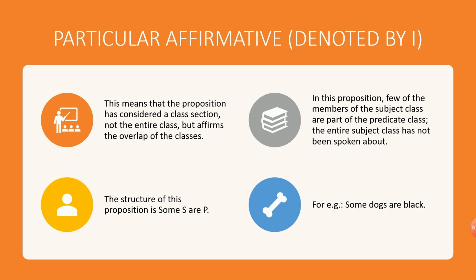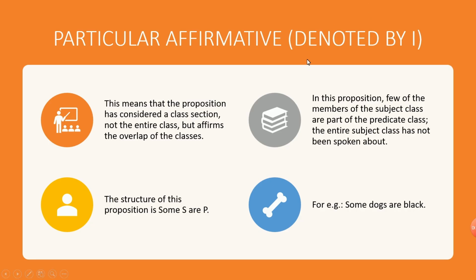Next is particular affirmative. This means that the proposition considers a section of the class, not the entire class, but affirms the overlap of the classes. In this proposition, a few of the members of the subject class are part of the predicate class. Assume two circles intersecting with each other, in any way they might intersect.